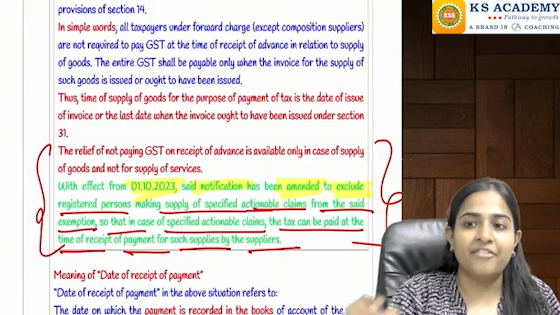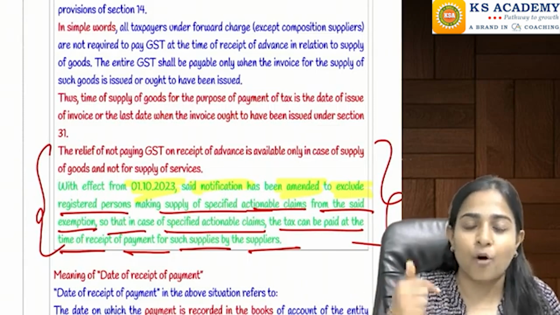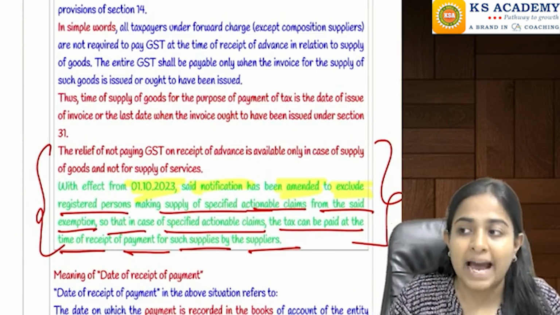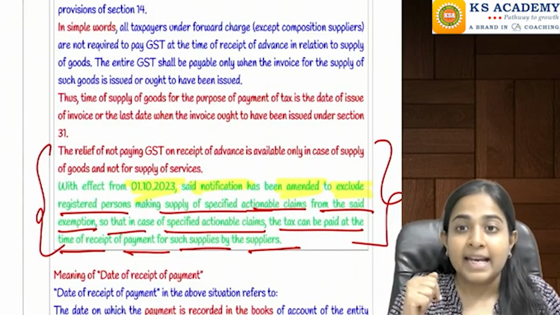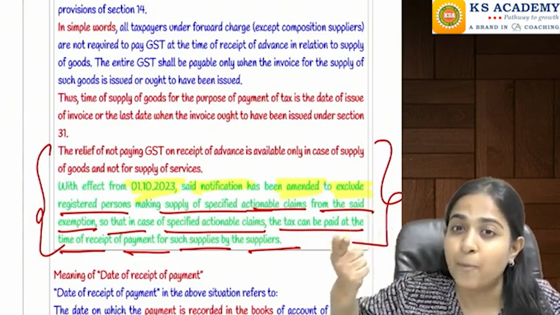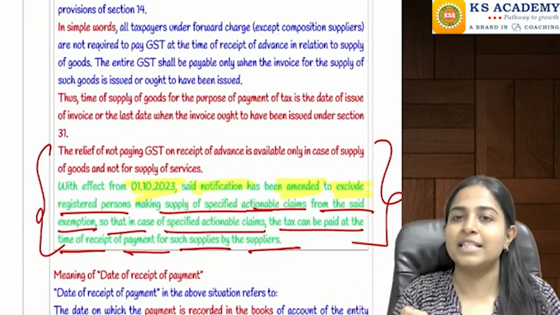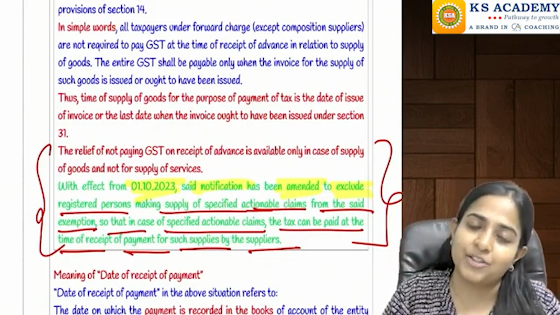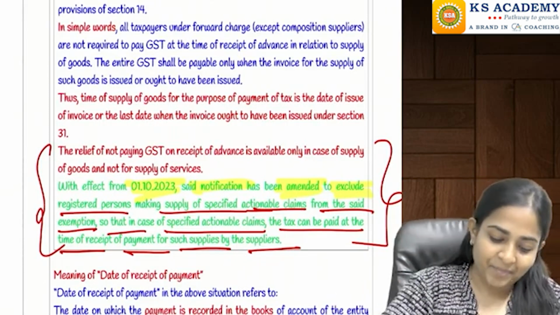Okay, but if you are a supplier of those actionable claims, and if you have received any advance money, then your time of supply does not get postponed. As soon as you receive the advance money, you are required to pay the tax to the government. Are you clear with this?